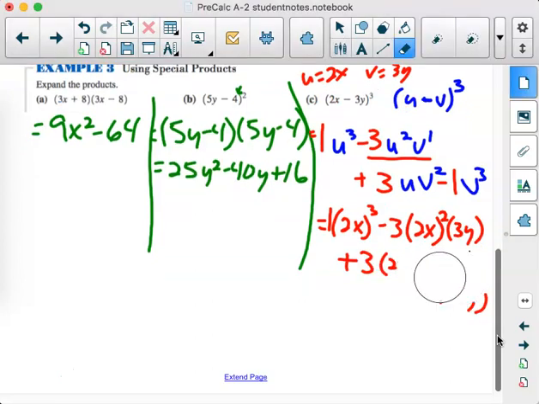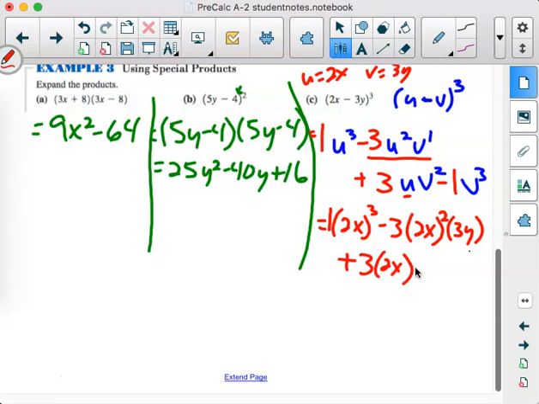All right, so next term up here with that pattern, plus 3 times 2x to the first power, and then times 3y squared, and finally minus 1 times my v, which was 3y cubed.